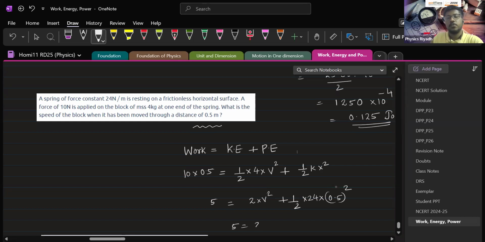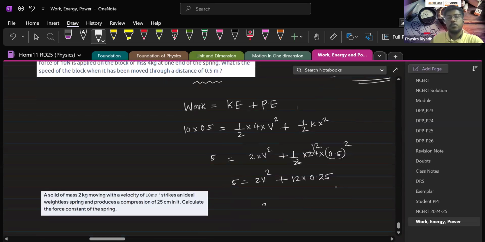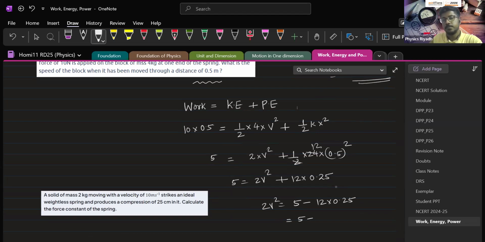So 5 is equal to 2v square plus 12 into 0.5 square, 0.25. So 2v square is equal to 5 minus 12 into 0.25. How much is this? 12 into 0.25.